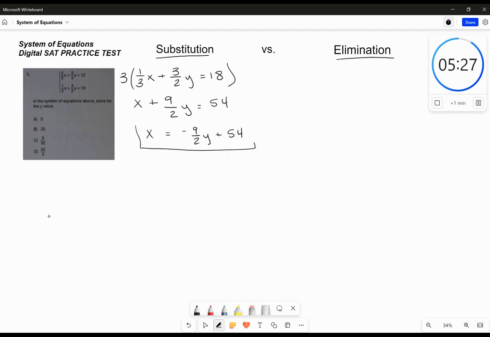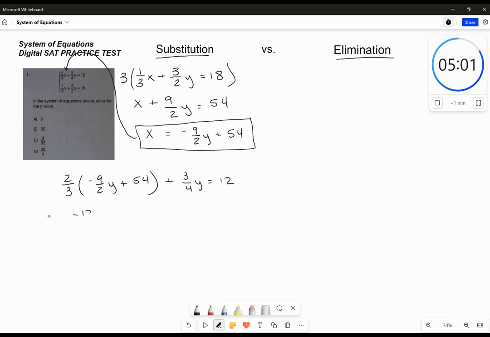That doesn't solve for y. That just gives us the value for x to put into the other equation in terms of y, so that we'll eliminate the x and rewrite the equation in terms of y. So you have 2/3 (negative 9/2 y plus 54) plus 3/4 y equals 12.